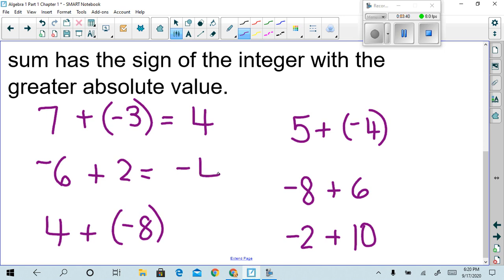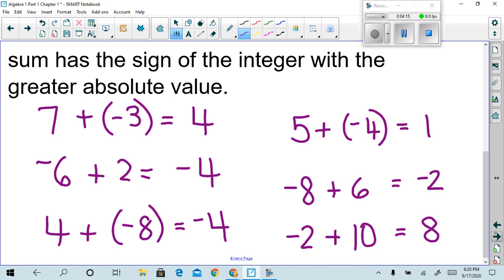I'll subtract and keep the sign of the greater absolute value. My third one, again, signs are unlike, subtract and keep the sign of the greater absolute value. On to the next column. Unlike signs, subtract, +1. Unlike signs, subtract, -2. Unlike signs, subtract, +8.